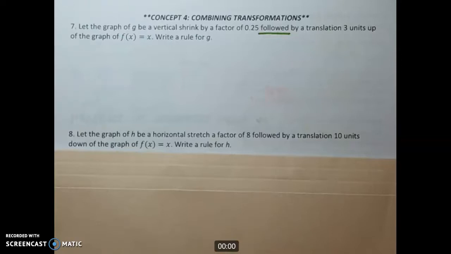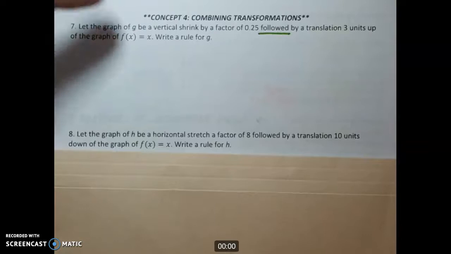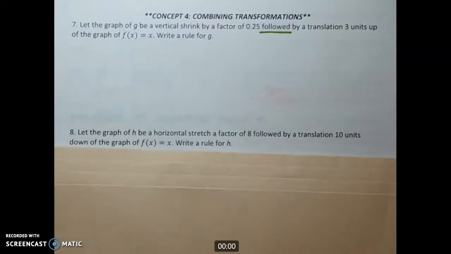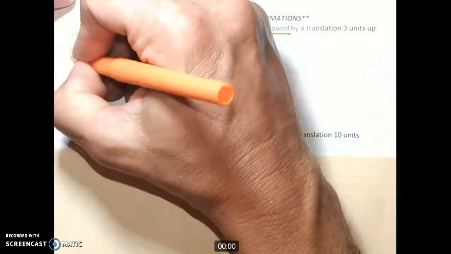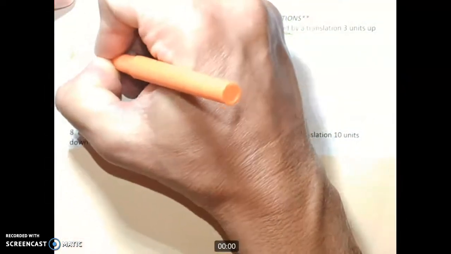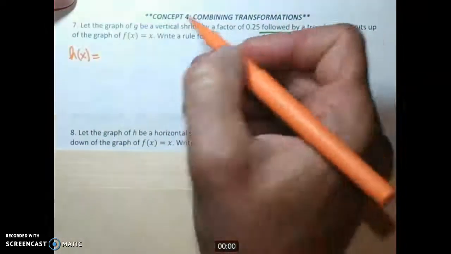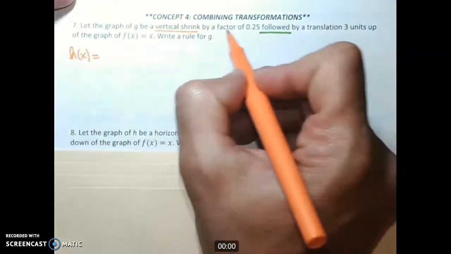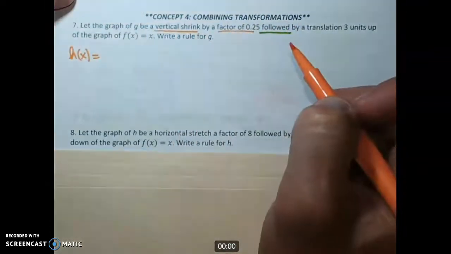The first thing is I don't want to start with g because that's what my rule is asking me to have in the end. I can't use f of x because that's my initial rule, so I have to come up with something different. I am just going to use h of x here. h of x is going to be my vertical shrink by a factor of 0.25.